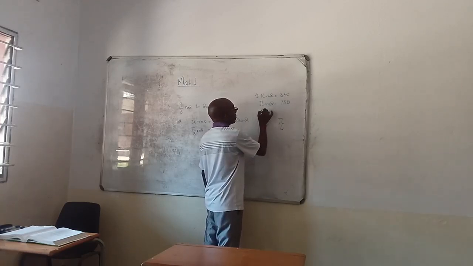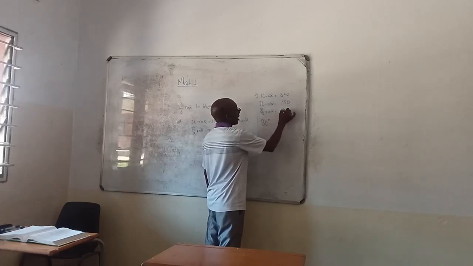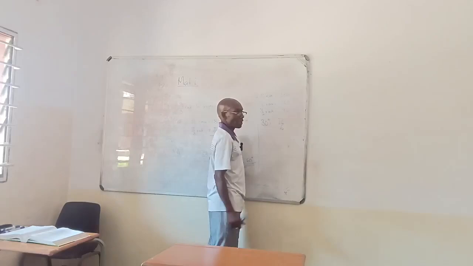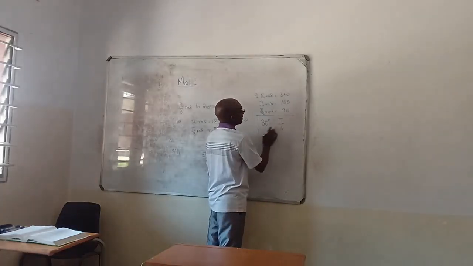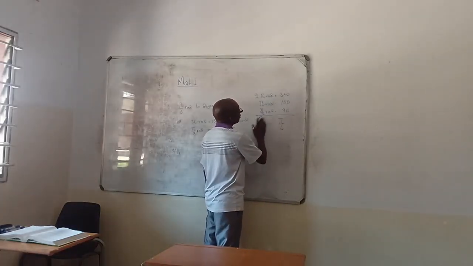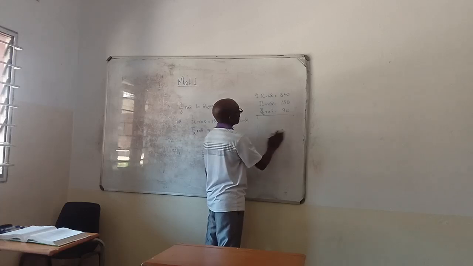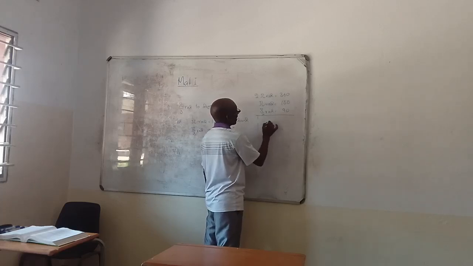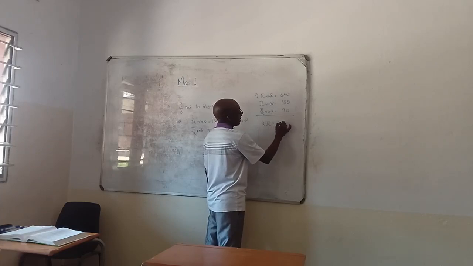Pi over 2 radians is equal to 90. You go on and on. Then what we are saying is sometimes instead of saying 2 pi radians, you can just say 2 pi is equal to 360 degrees.